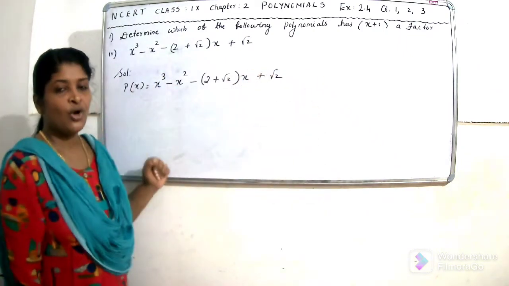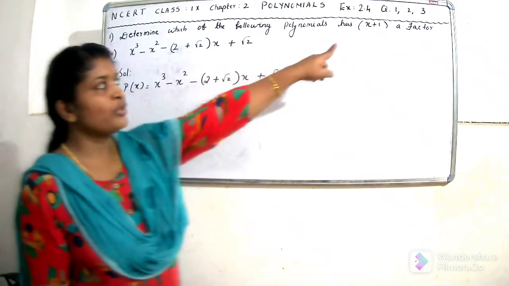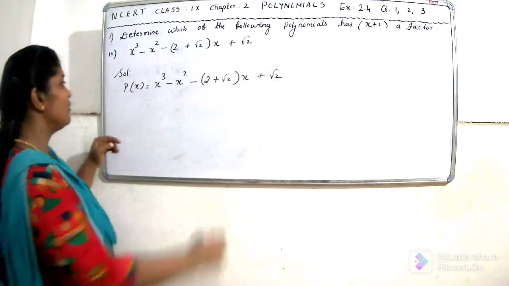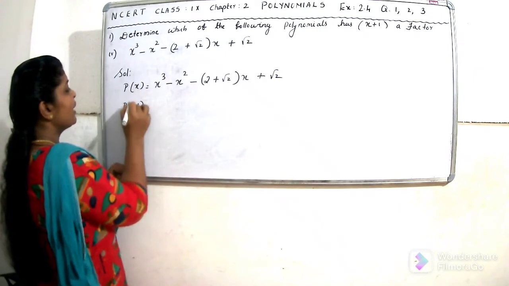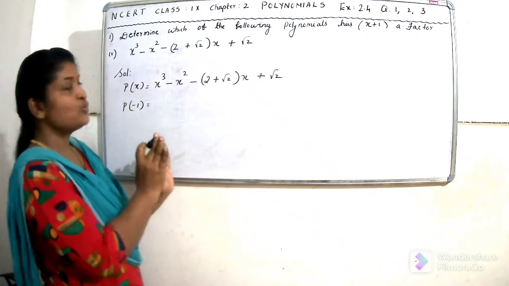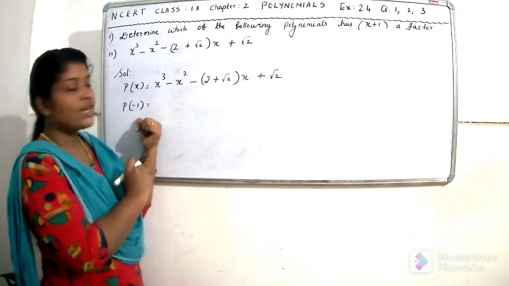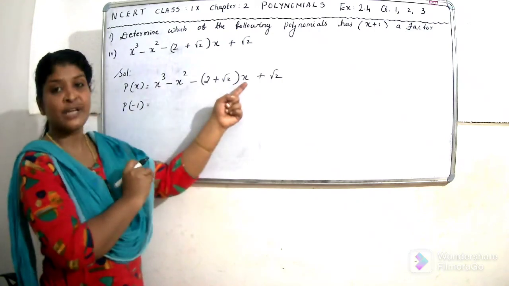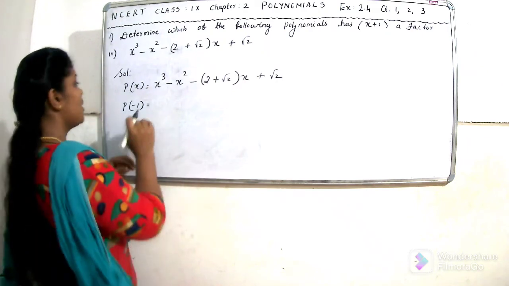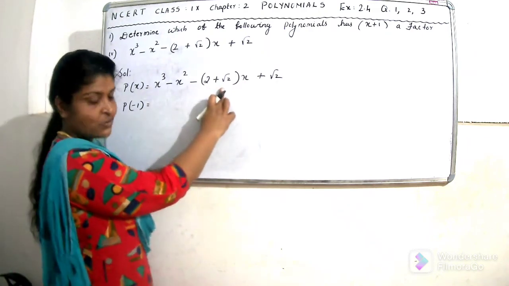This is the polynomial. Now the zero of that, negative 1, that value we have to substitute in P of negative 1. Very carefully we have to substitute. Bracket is here, and where x variables are coming, there only we are substituting. Here we have to remove the bracket also.